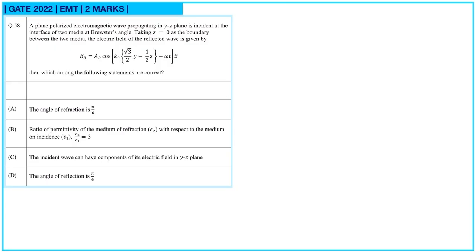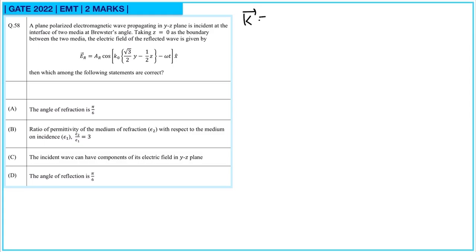A plane polarized electromagnetic wave propagating in YZ plane is incident at the interface of two media at Brewster's angle. Take Z equal to 0 as the boundary between the two media. The electric field of the reflected wave is given by this expression. Then which among the following statements are correct? This is E of R and it is in x cap direction.